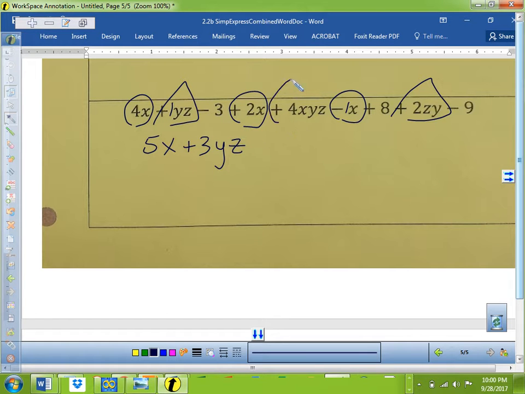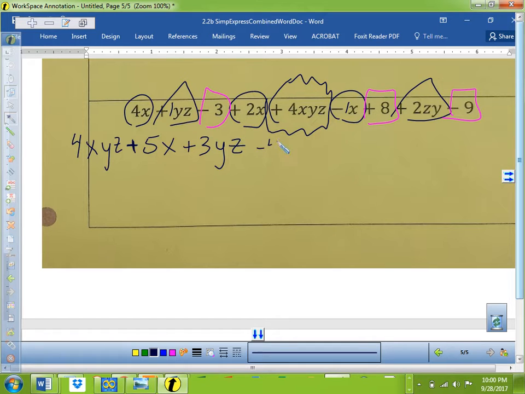Then I see this little guy here is all on his own, the big 4xyz. I'm going to just throw that in front, 4xyz there, plus that. What's left? I guess I have the little constants, the number terms right there. So here we go, negative 3 plus 8 is 5, 5 minus 9, negative 4.